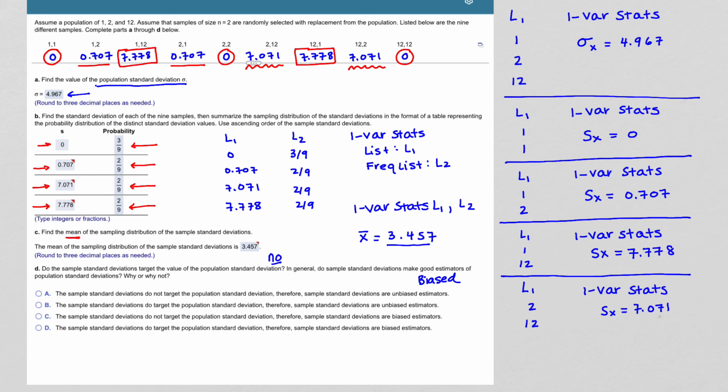So we want to say that the sample standard deviations do not target the population standard deviation. So B is out, and D is out, and C is the one that says that they are biased estimators, so C would be the correct answer for this. And that's how you do that problem.